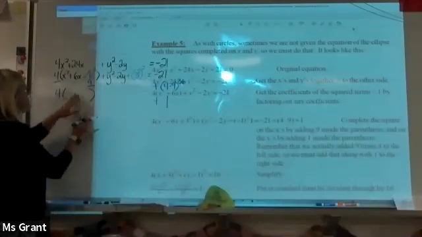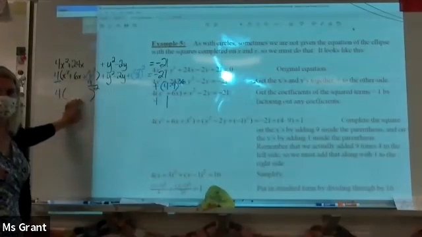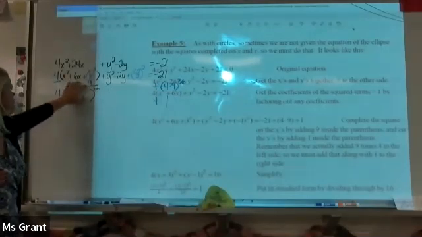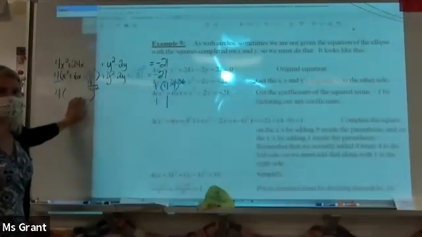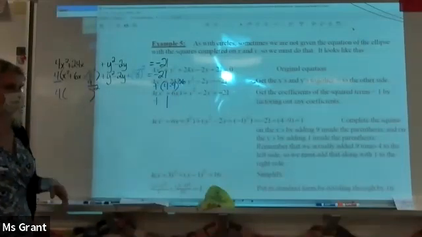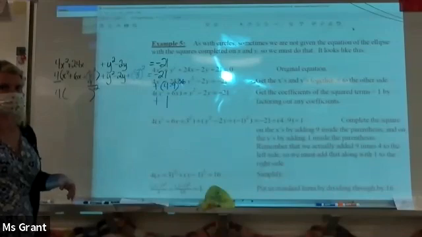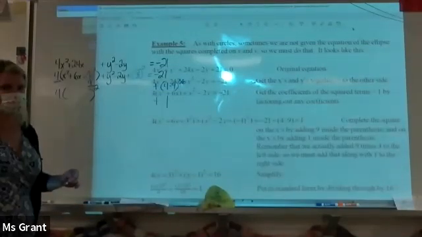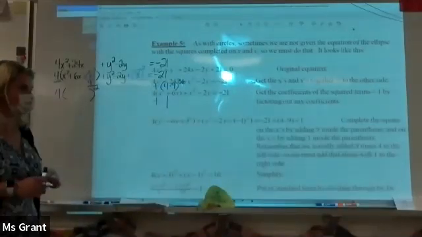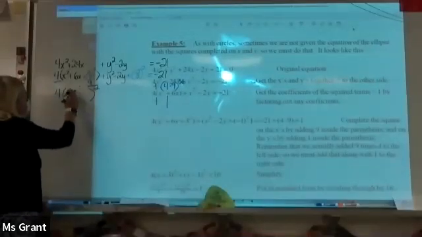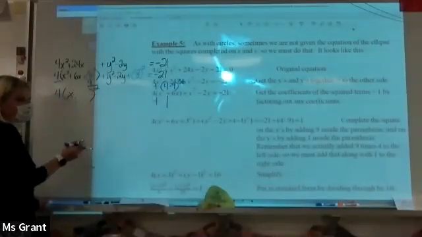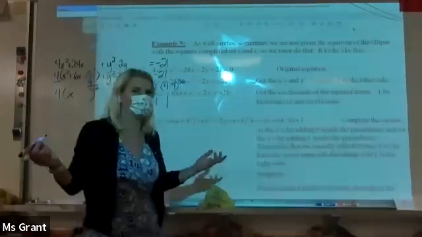What is this? x squared plus 6x plus 9. What's my factored form? It's a binomial in parentheses, and then I put a squared. I need a volunteer.